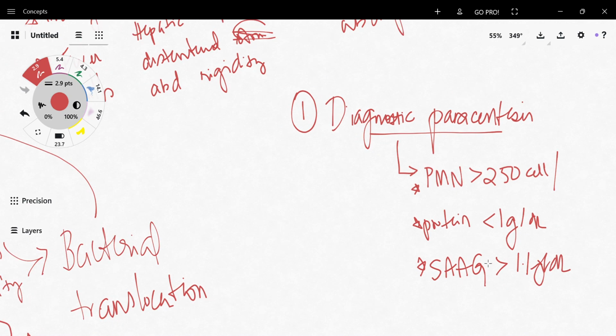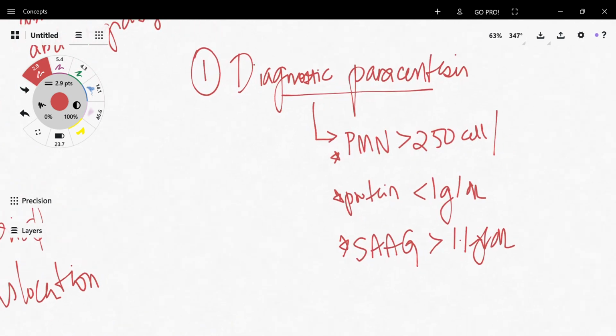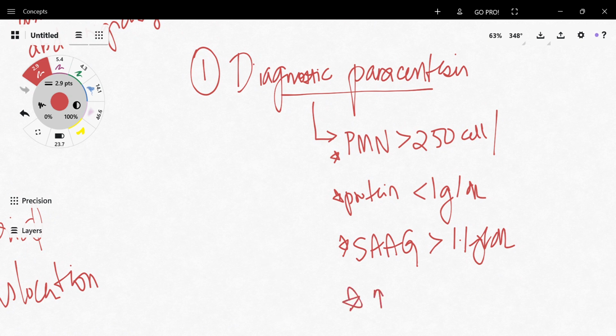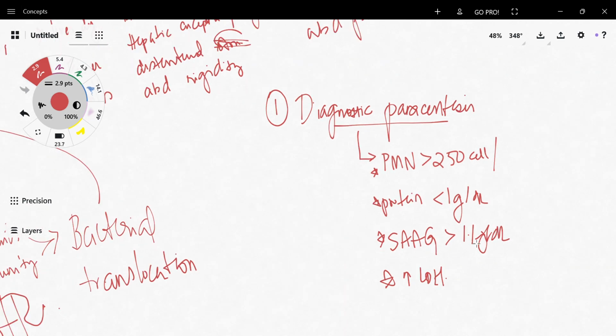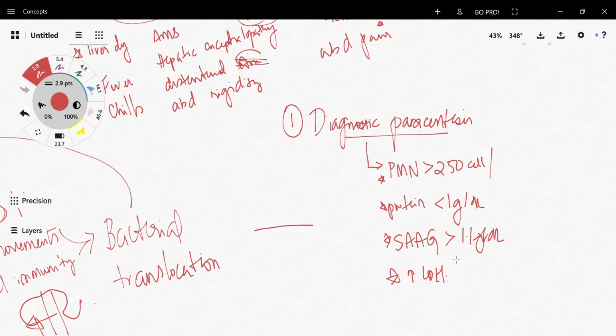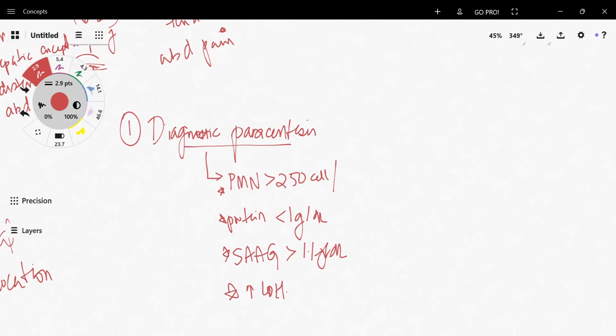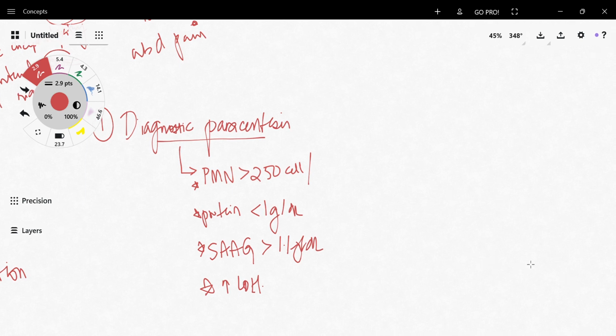And then the last thing we want to talk about is that there can be an elevation of LDH. Okay. Now, before we go into SAAG itself, I'm going to first tackle how we manage this condition, and then we can go into SAAG a little bit.